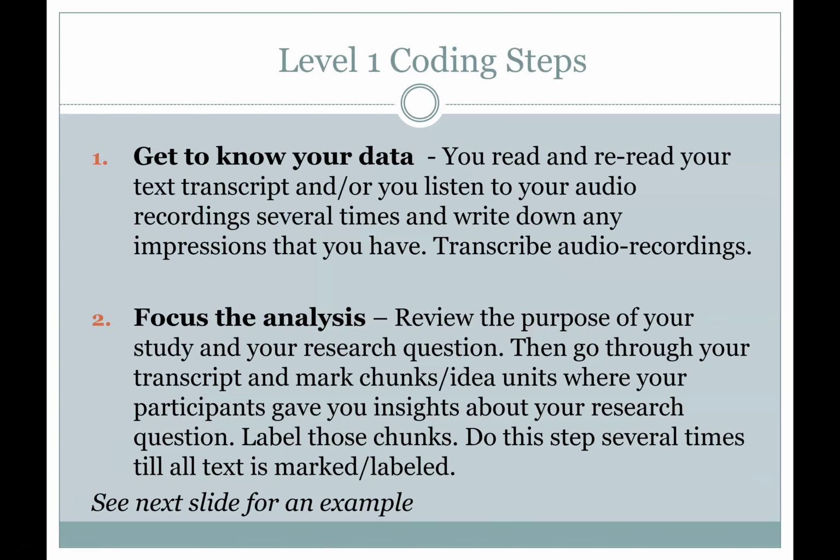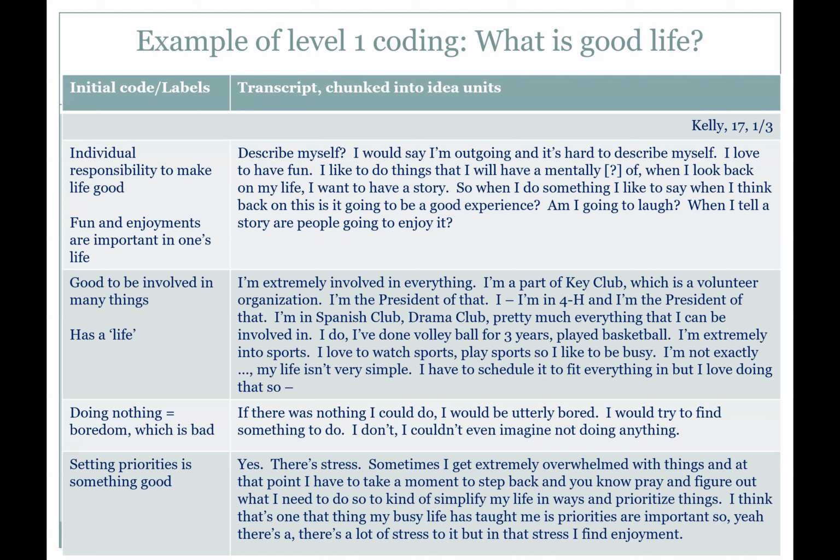You want to reread and make sure you understand your data. Then, as you start to highlight things or break things into chunks, you want to do it in relation to your research questions. This is an example where on the right is the transcript, and on the left is how they decided to code it.